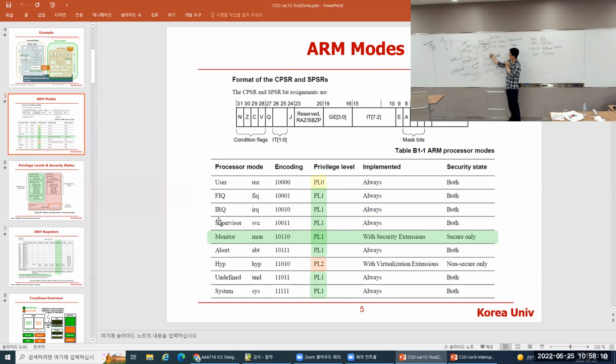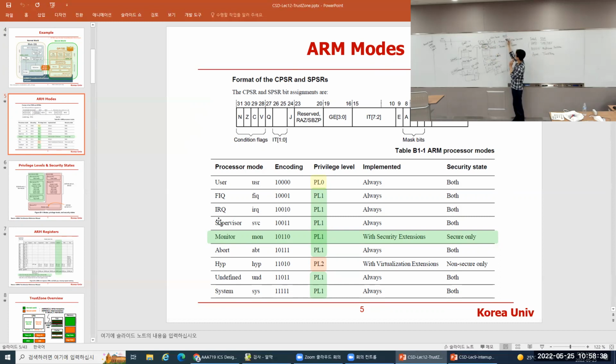But what if you simply change that bit? Yeah, we have the MCR instruction. MCR, a co-processor instruction. Using the MCR instruction, you can change the NS bit to 0 or 1. For example, if you are in the secure world, then the NS bit is 0.